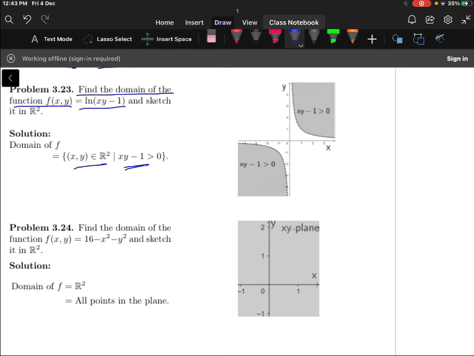Log of 0 is not defined, and log of a negative number is also not defined. Therefore xy − 1 should be greater than 0. It means this is the region of the domain of f. So this function is defined only in this shaded region.